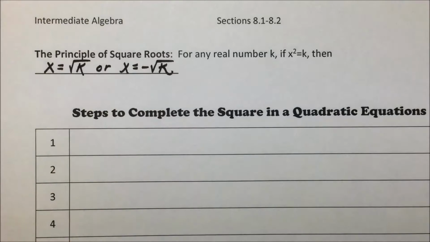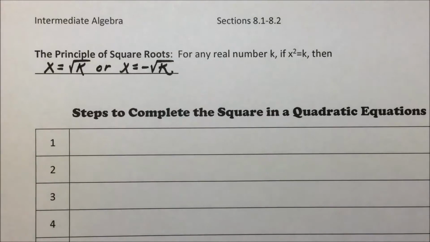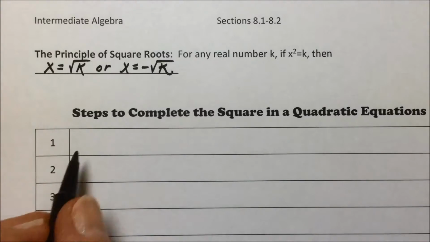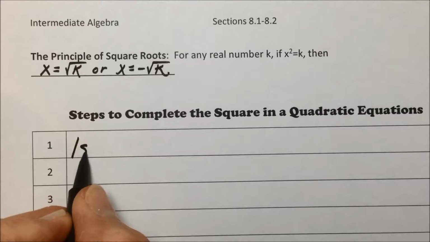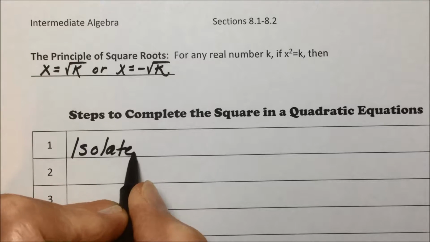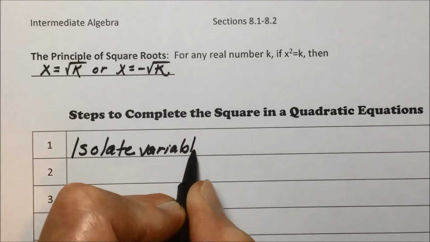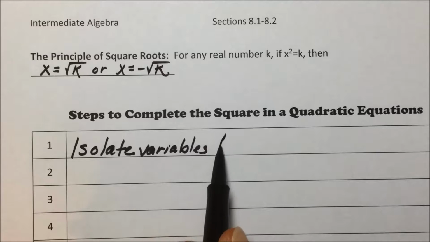By using this method called completing the square, we can transform any quadratic equation into something of the form that we can use the principles of square roots. And these are the steps needed to complete the square. The first one is to isolate variables to one side of the equation.